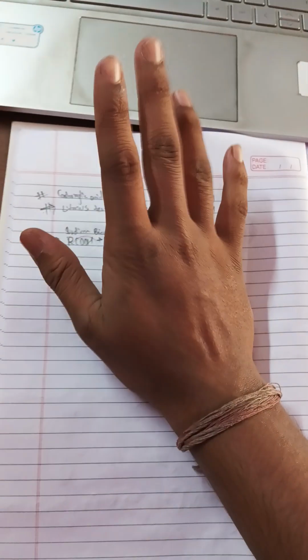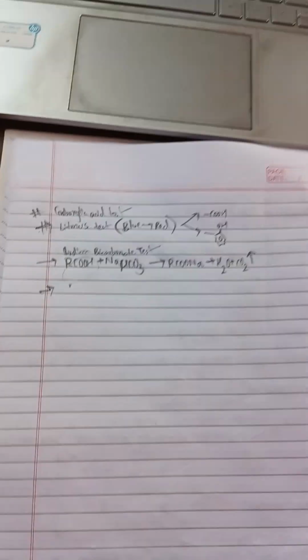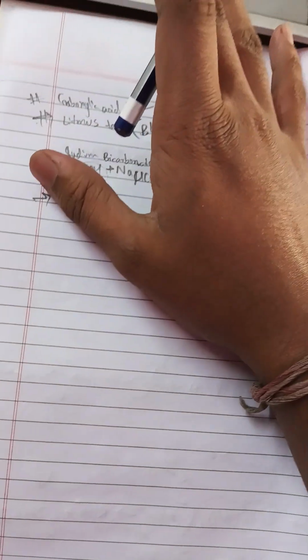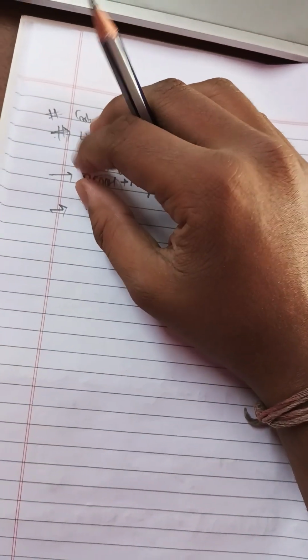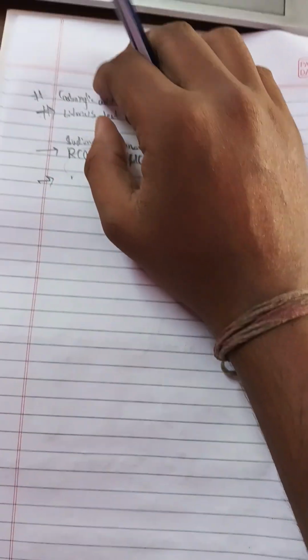What are the exceptions you have studied in this chapter? You studied the Reimer-Tiemann reaction. What does it give? Sorry about that, it doesn't give anything. We are talking about the Kolbe reaction. When phenol is treated with what?